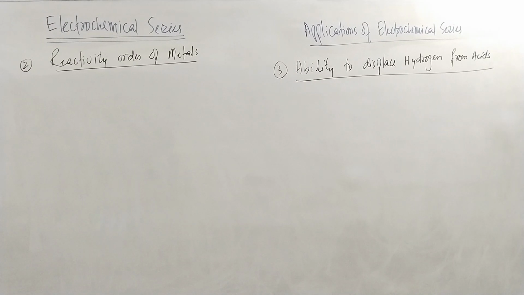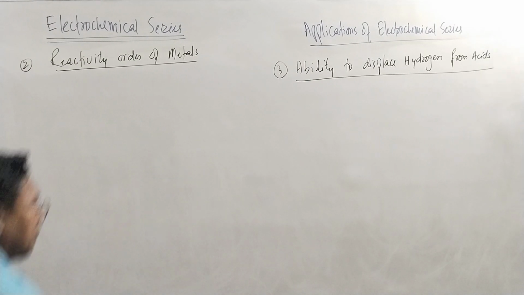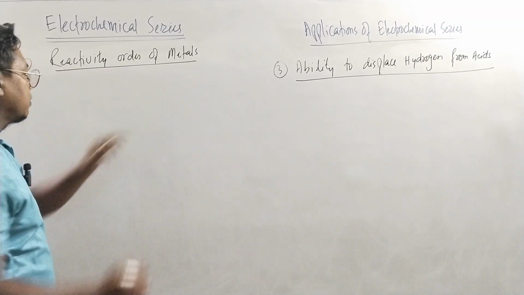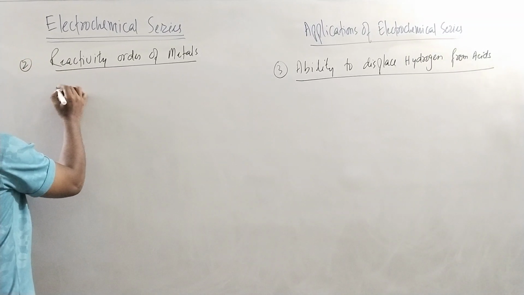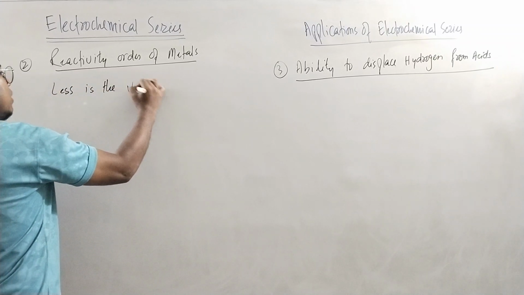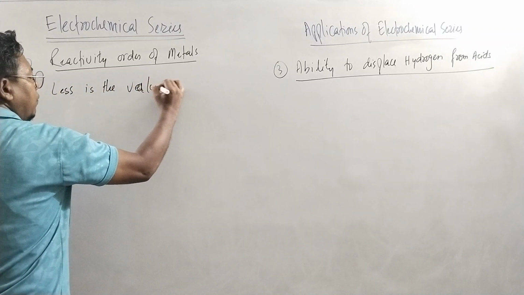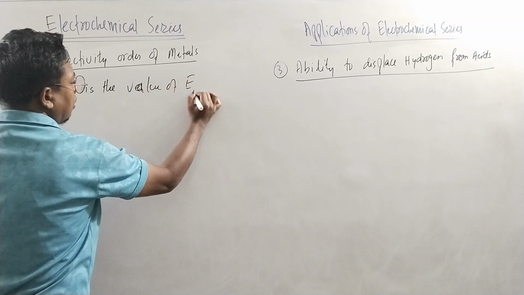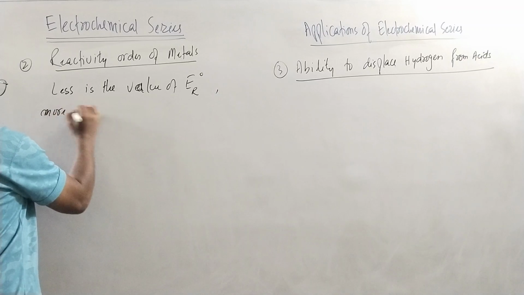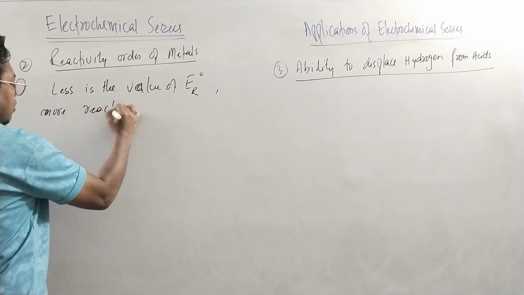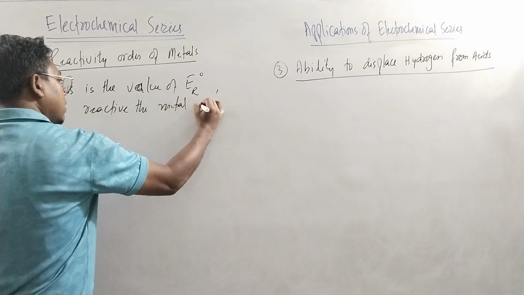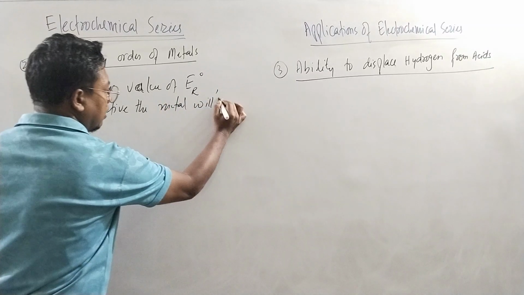Okay, the next application of electrochemical series is the reactivity order of metals. The lower the value of E naught, the more reactive the metal will be.